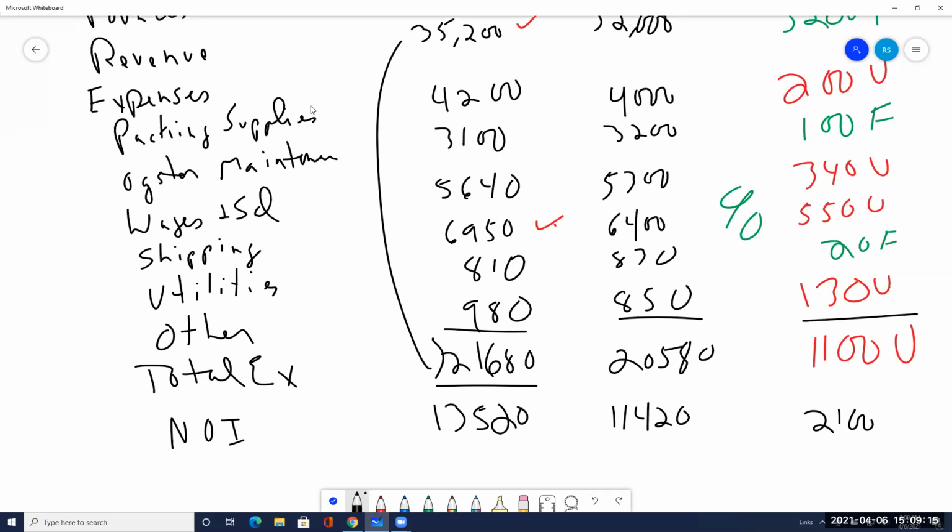And that, let's go, it's favorable. So the increase in revenue more than offset the unfavorable expenses.